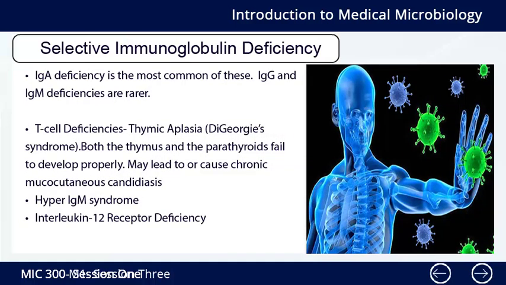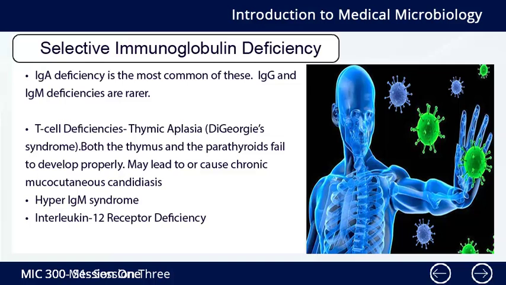Selective immunoglobulin deficiency. Firstly, immunoglobulin A deficiency is the most common of these. Immunoglobulin G and immunoglobulin M deficiencies are rarer. Secondly, T cell deficiencies. Thymic aplasia, that is, DiGeorge syndrome.